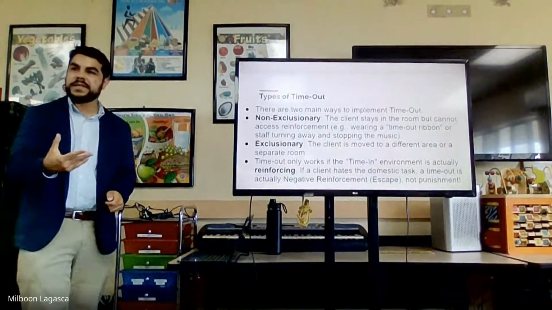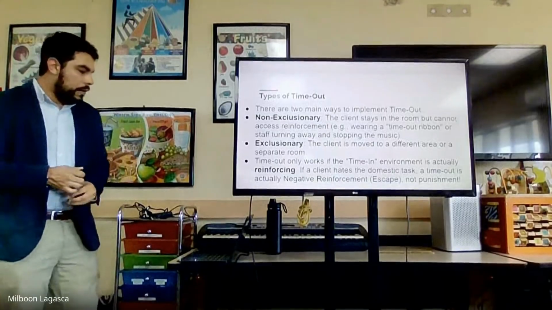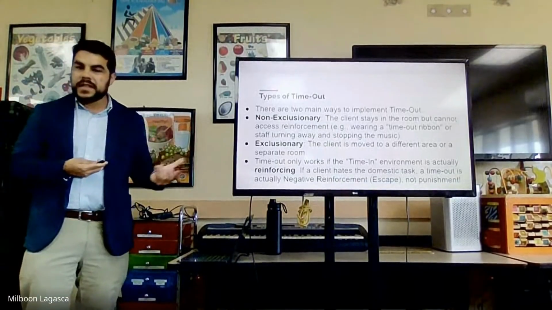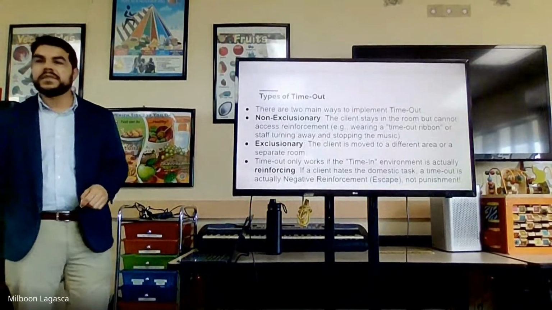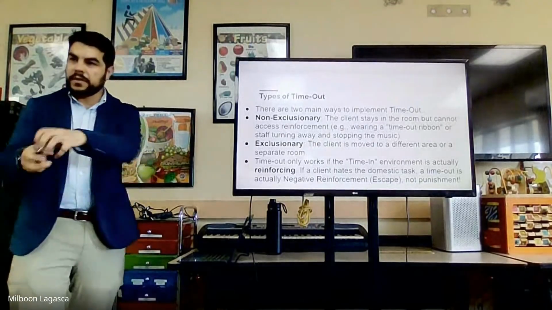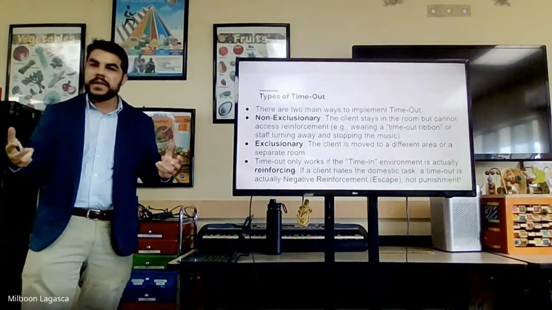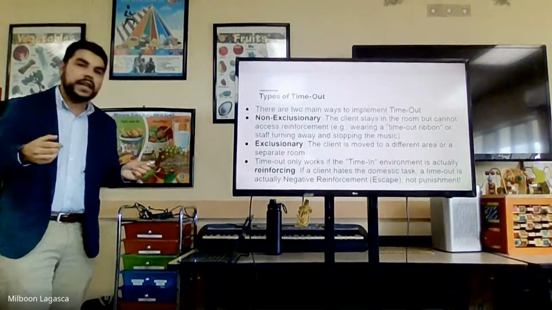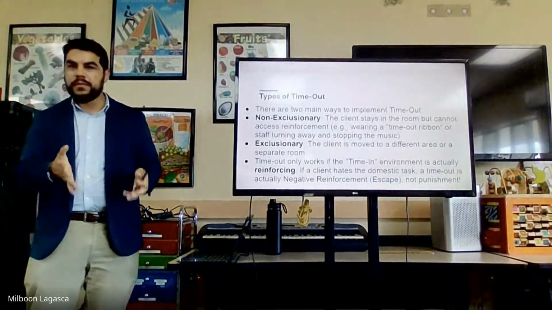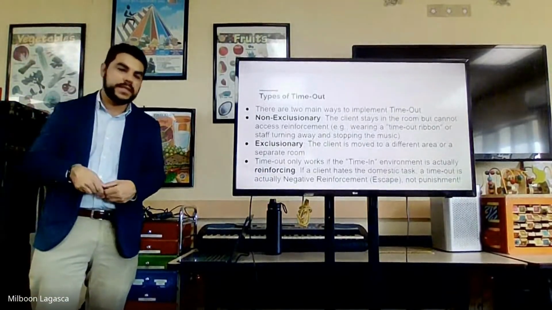And then that would act as punishment. Or if they're enjoying their music and they do some target behavior, you would then turn off the music, and that would serve as punishment because you're removing it from the environment, but they're still in the same area. And then exclusionary is when you remove them from the reinforcement environment.